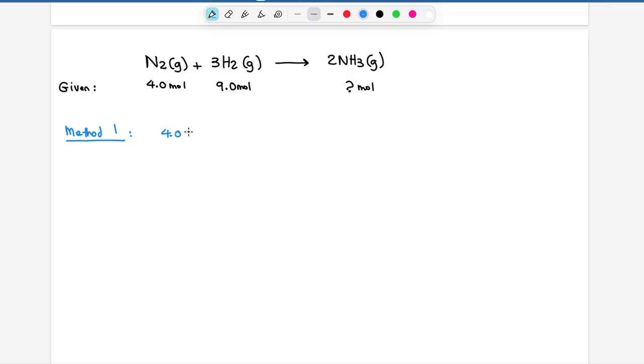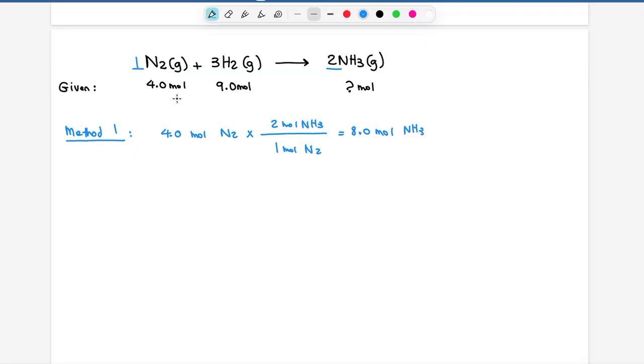So we start with 4 moles of N2 first, and then we use the stoichiometry, the balanced equation, and the ratio between moles of N2 and NH3, which is a 1:2 ratio. For every 1 mole of N2, there are 2 moles of NH3, and that way we find that 8 moles of NH3 are made.